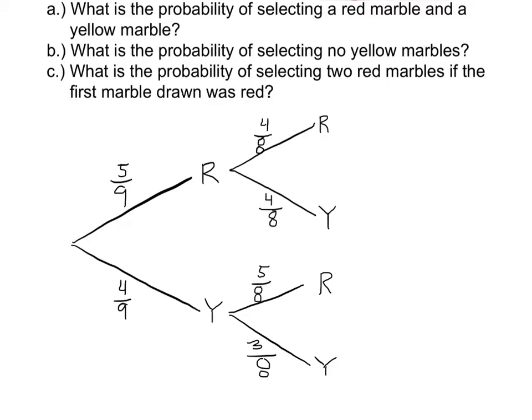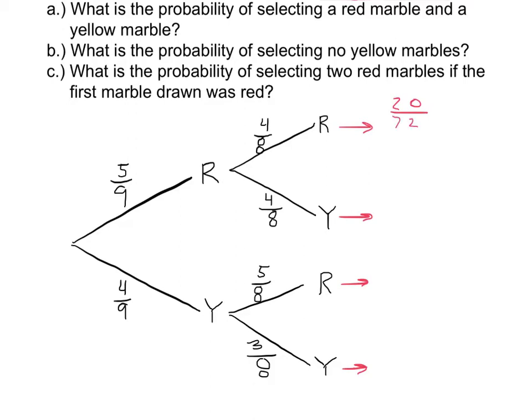Okay? So the next thing to do on tree diagrams, and I just want to make sure everybody's clear on this, is you should actually multiply out what happens along each of these paths. So in this top path, if you multiply the 5/9 and the 4/8, you're going to end up with 20 over 72.